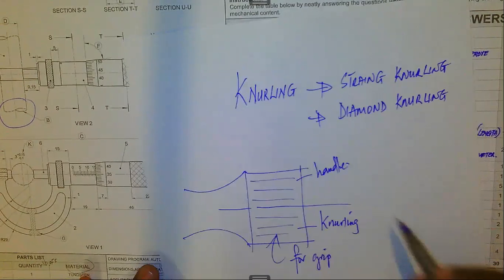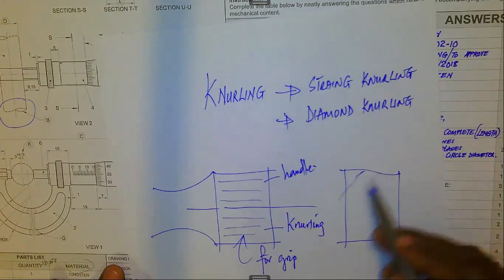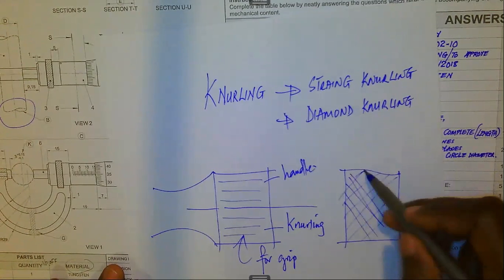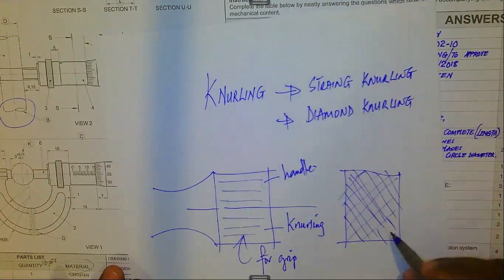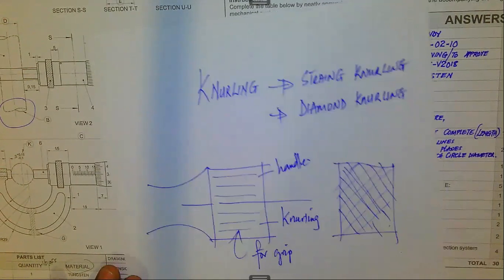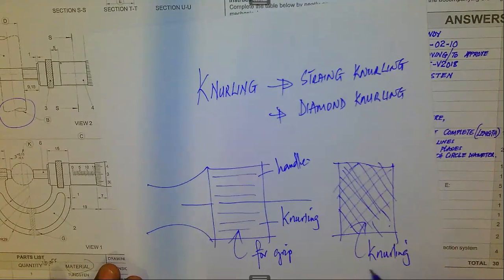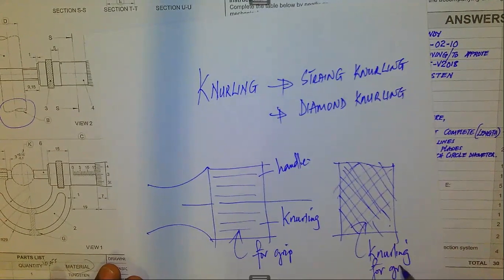In some cases you'd find that this could be in the form of diamonds like this, and I'm sure you should be able to see, this is some kind of nailing as well, for creating grip so that you can handle something safely and it doesn't slip in your hands.